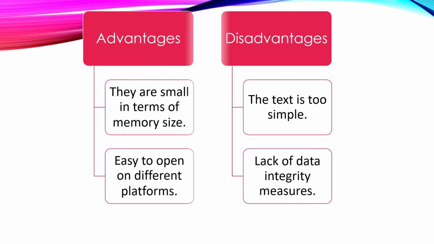Next are the advantages and disadvantages. There are many advantages and disadvantages for plaintext, but I added only two of each. Let's see. It is small in terms of memory size. The plaintext message is very small, and it is easy to open on different platforms.